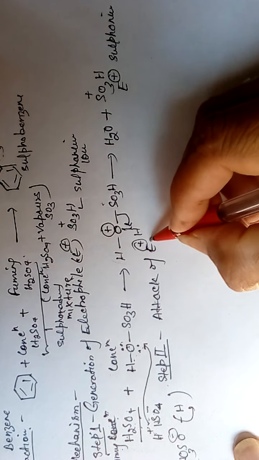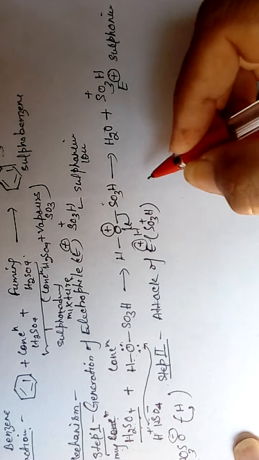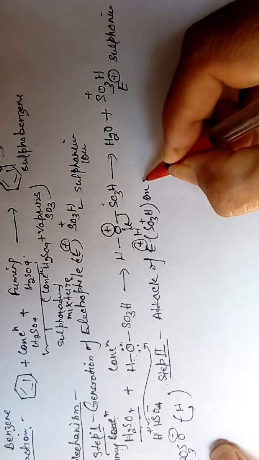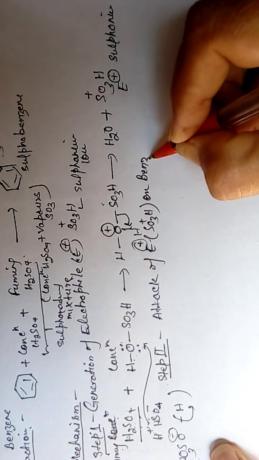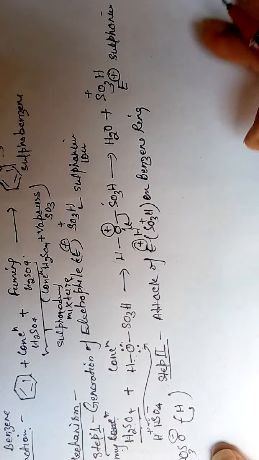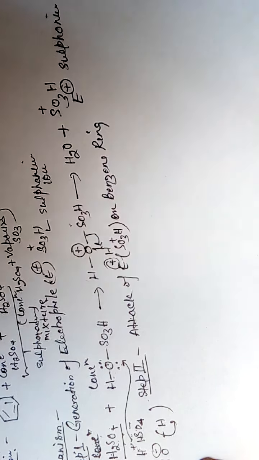What is the electrophile? SO3H plus, the sulfonium ion, attacks the benzene ring. Let's see how it is attacked.